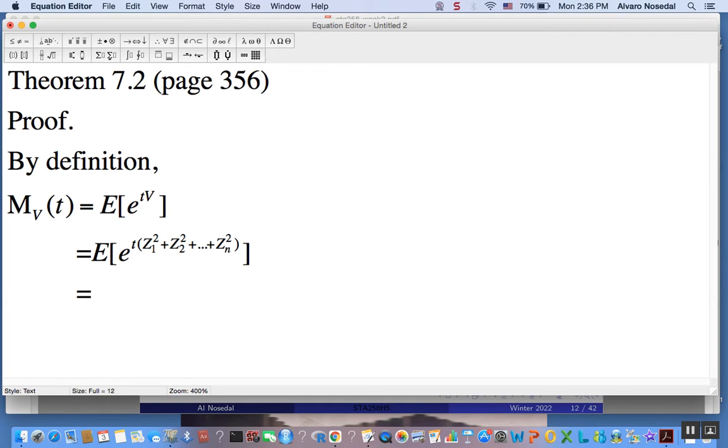Now, let's do a little bit of algebra on that exponent. This is the same as t times Z1 squared, t times Z2 squared, up to t times Zn squared.